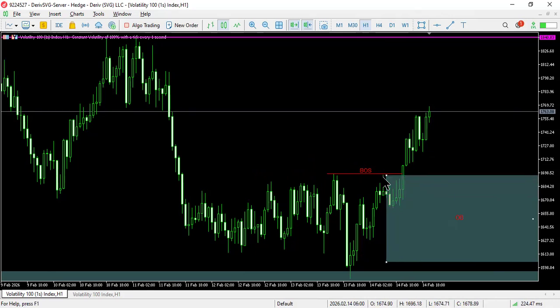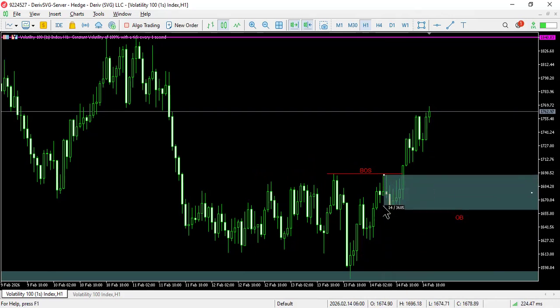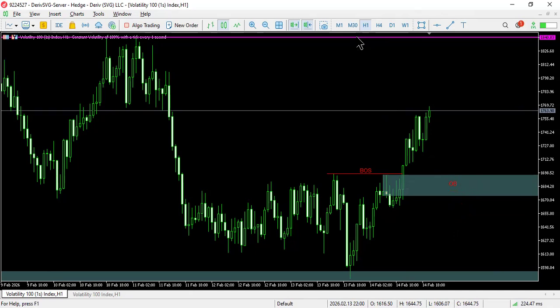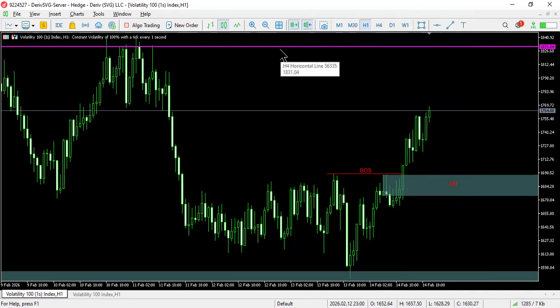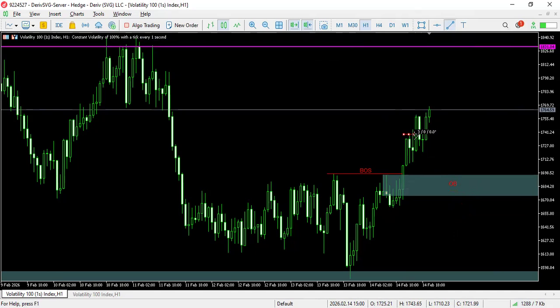And then the order block, which caused that break of structure from the 1 hour time frame, it is that order block right there. And then we can see our swing high at that point. And then we can also see price is breaking these structures, is breaking new highs.